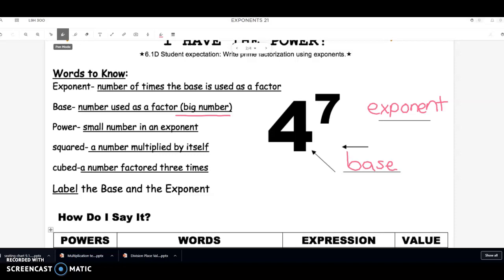The exponent can also be called the power. So this could be 4 to the power of 7. You might hear it said like that. 4 to the power of 7. So power, the small number in an exponent. Same thing. So I guess we could put the word power here too.